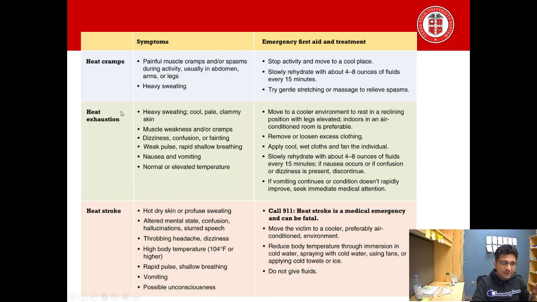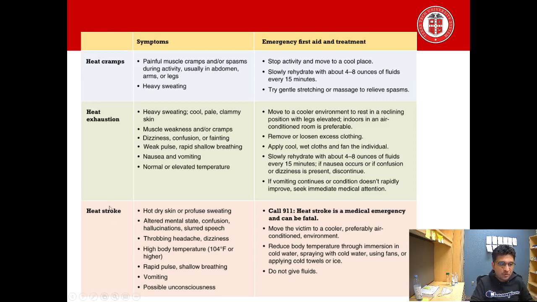Heat stroke, as I've just pointed before, is a condition where the body's ability to cope with too much heat inside just fails, and that is why you either have profuse sweating in the beginning, but you might have hot dry skin, and that's a really dangerous sign that the body is too hot inside, but still it can't lose heat.